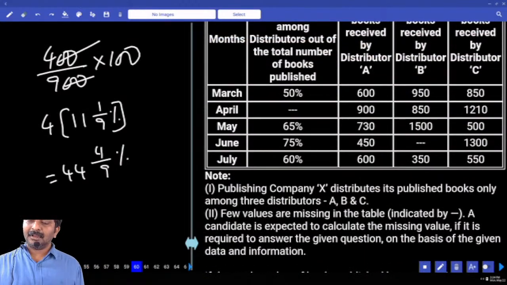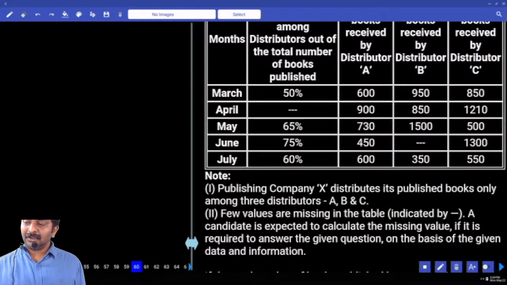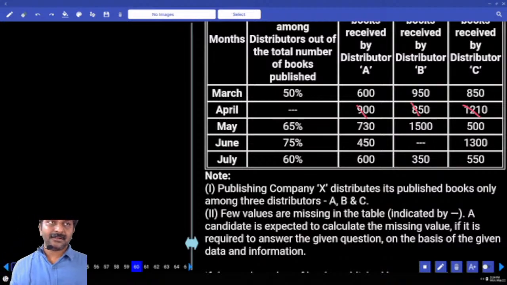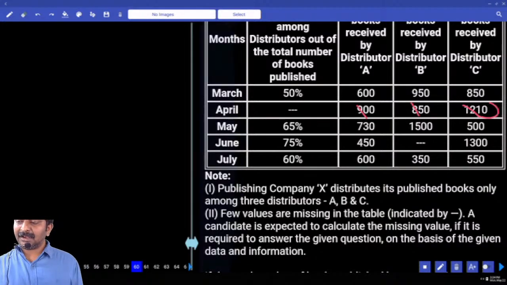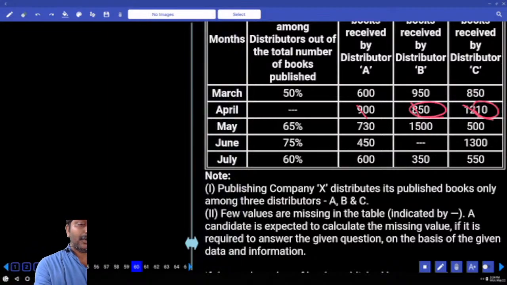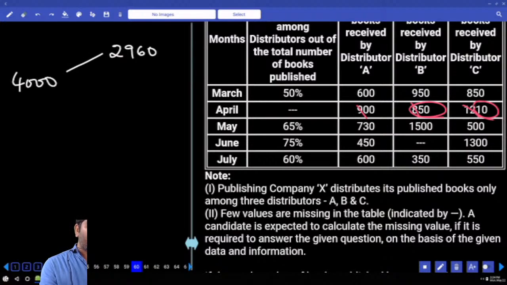Already, how many were distributed? 1200 plus 800, 2000 plus 900, 2900 and 60. 2960 books were distributed out of total 4,000. Then how many are not distributed? 1040. Now we need to understand this in terms of percentage, right?